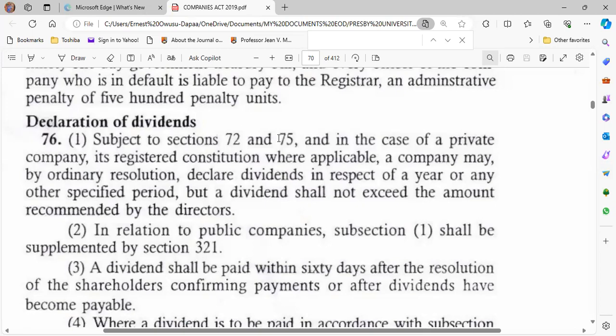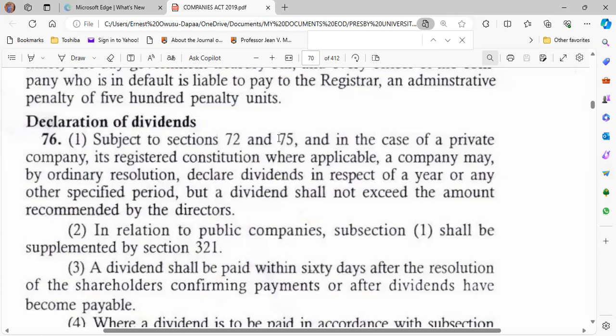Dividend is never, if you like, at large. No, it's not generalized. But there's a third rule. The company cannot resolve to declare a dividend greater than the amount recommended by the directors.